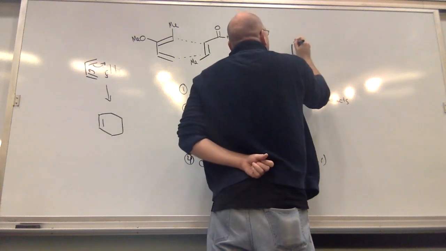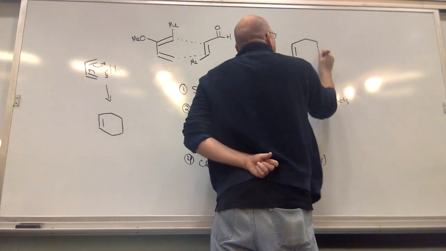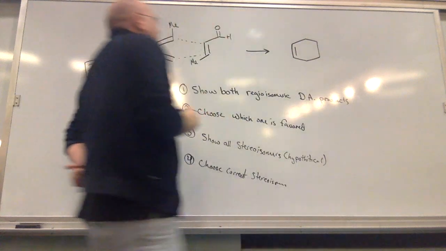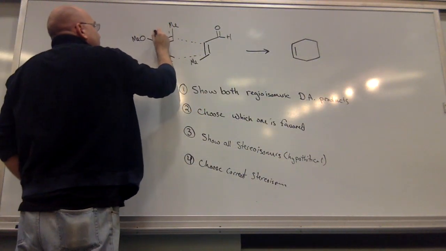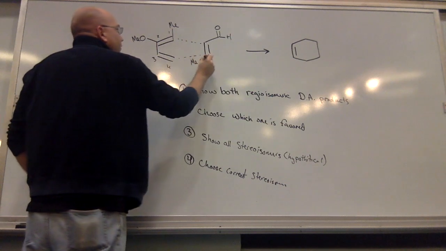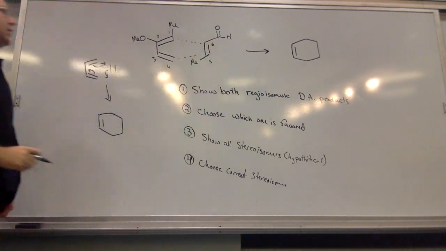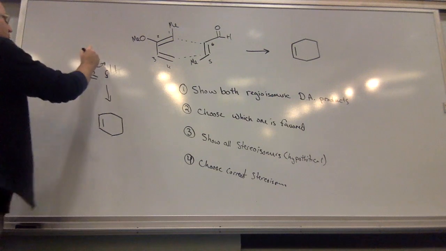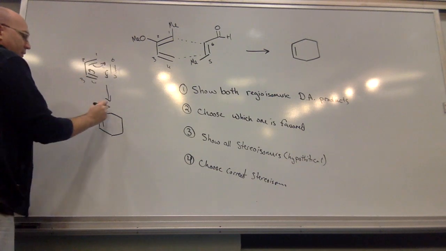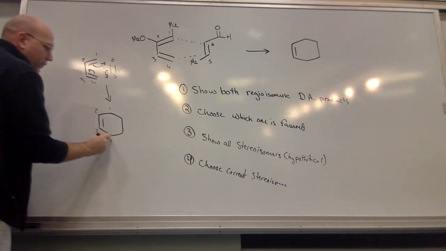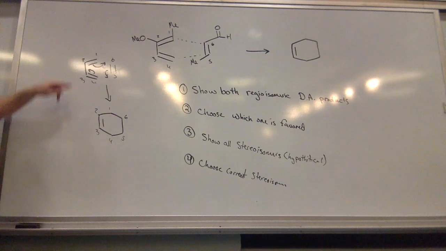And as is drawn, if we number our carbons 1, 2, 3, 4, 5, 6, the 2 and the 3 are going to be the double bond.